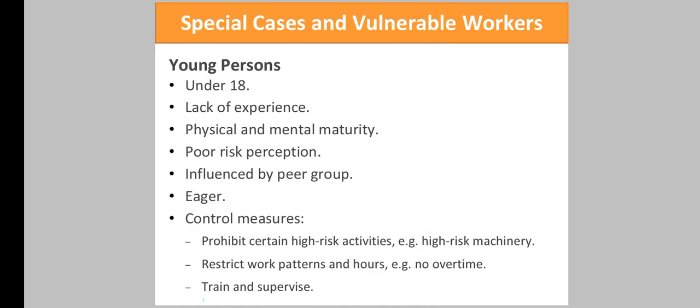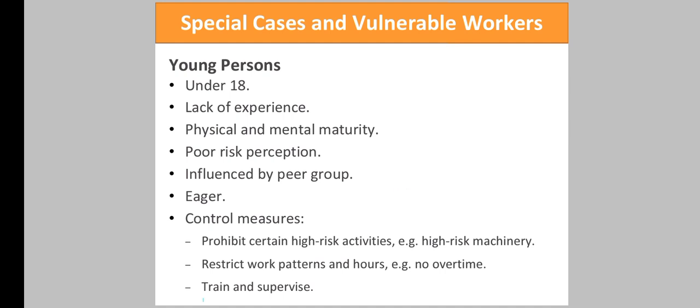Then special cases: vulnerable workers. Young persons under 18 have a lack of experience, physical and mental maturity, and poor risk perception. They are influenced by the peer group in the company and are eager to do dangerous work.